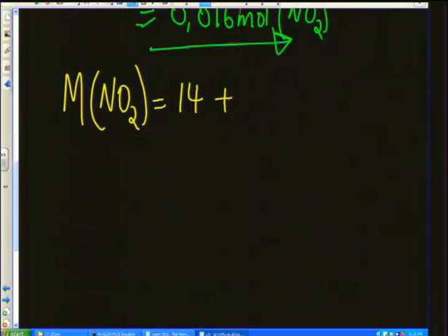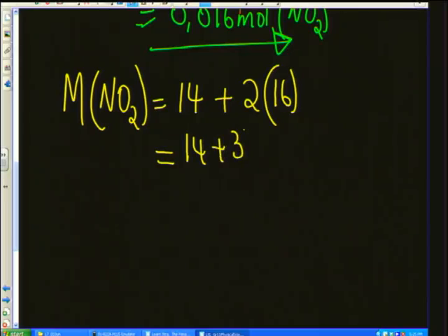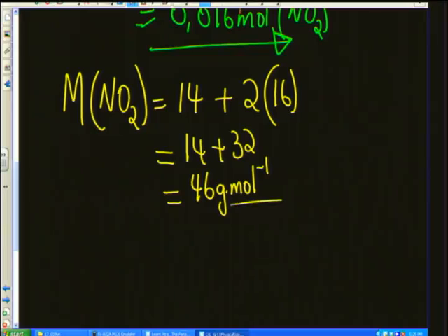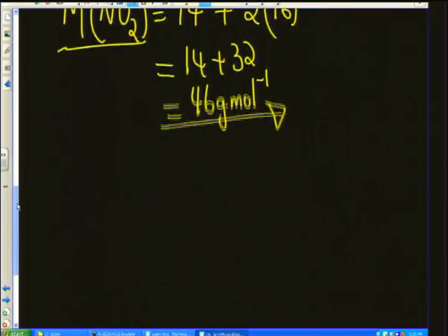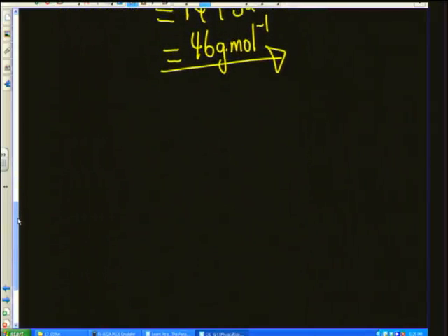For oxygen, it's 16, but we don't have just one of the oxygen atoms. We've got two, so it will be 2 times 16. We work this out. This becomes 14 plus 32, and therefore, this is 46 grams per mole. This is the molar mass of nitrogen dioxide.